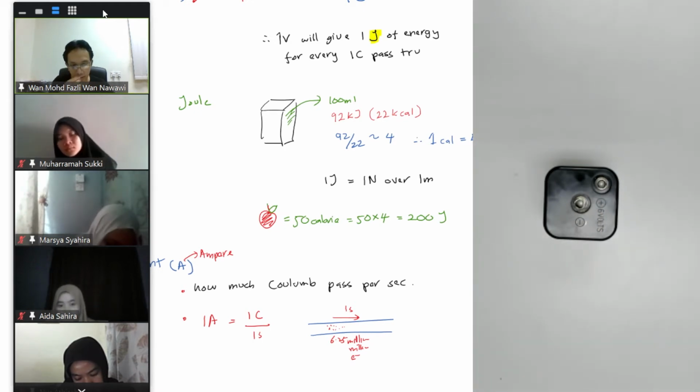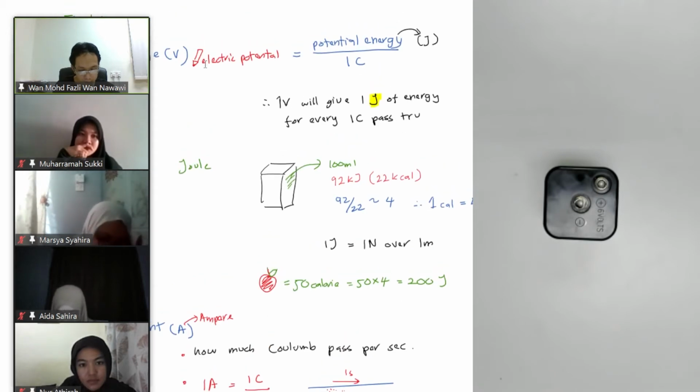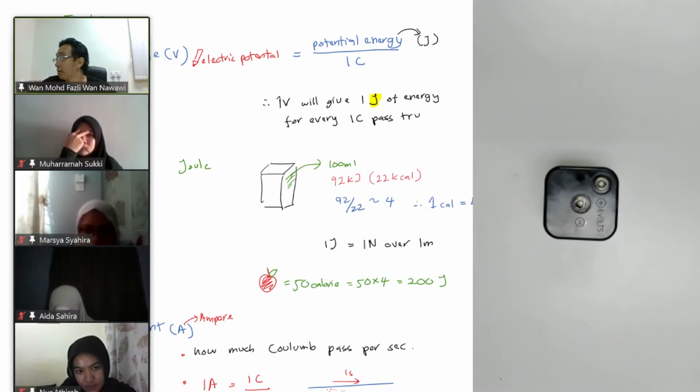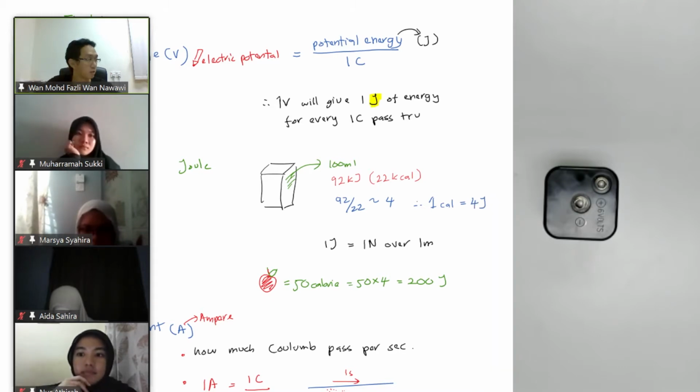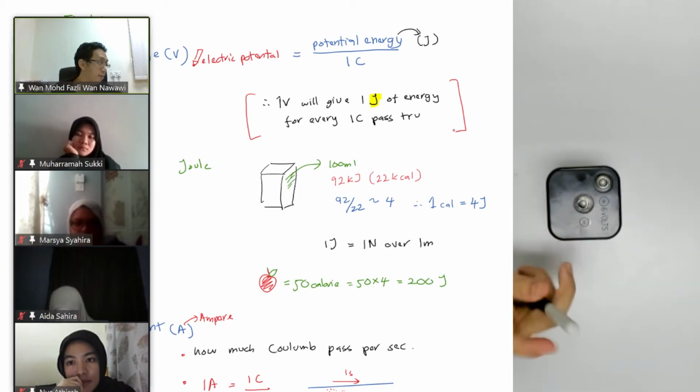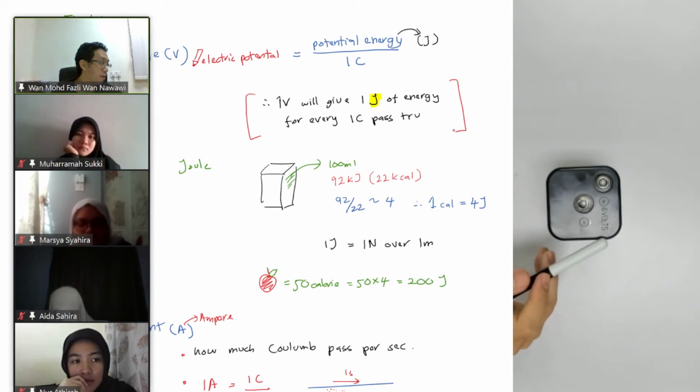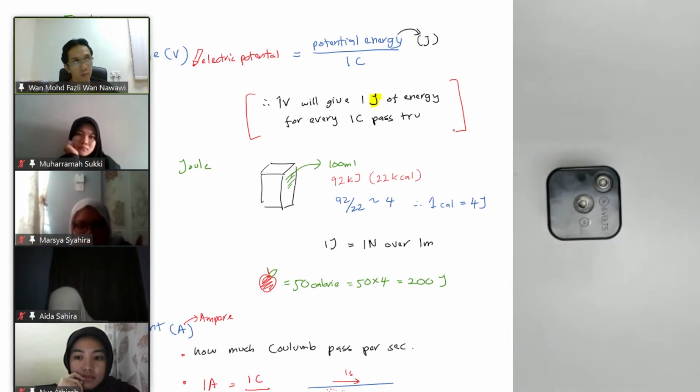That's basically volt, because we learned before that 1 volt is a potential energy, equivalent to 1 joule of energy for every 1 coulomb passed. So 6 volt means you get 6 joule of energy every 1 coulomb passing through this battery. So that's what it means.